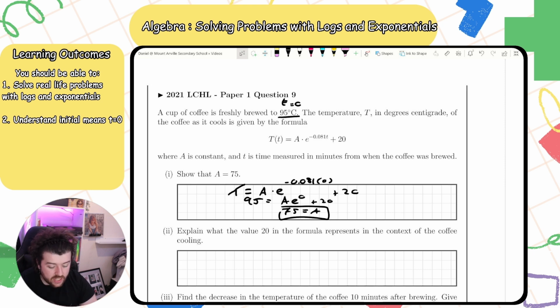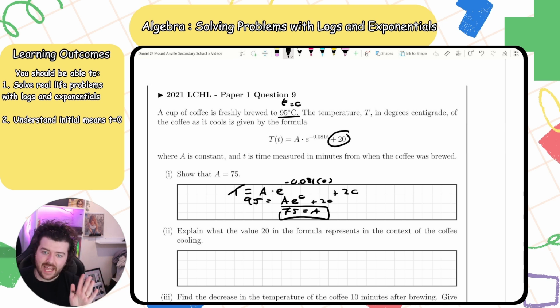So it just means, I think, room temperature. It represents the temperature of the room, because even if time gets astronomically large, if this cup of coffee was sitting there for 1,000 years, it will never get below 20 degrees.